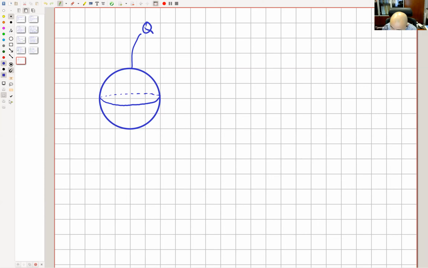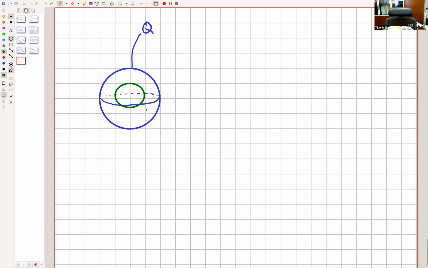So again, I've got this charged sphere over here, and I could take a look at this particular instance and look at how does the field change? What are the boundary conditions imposed by this charge distribution over here? So now what I can do is simply create two surfaces.